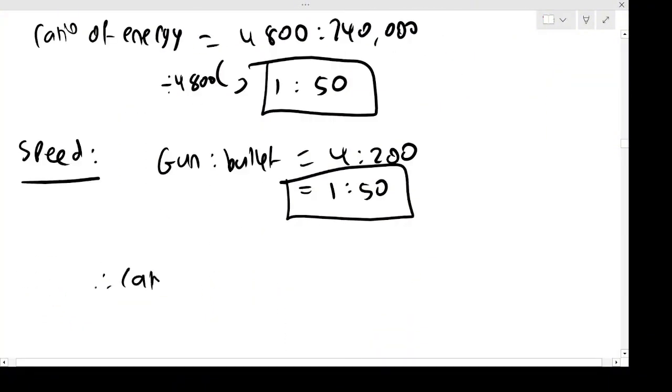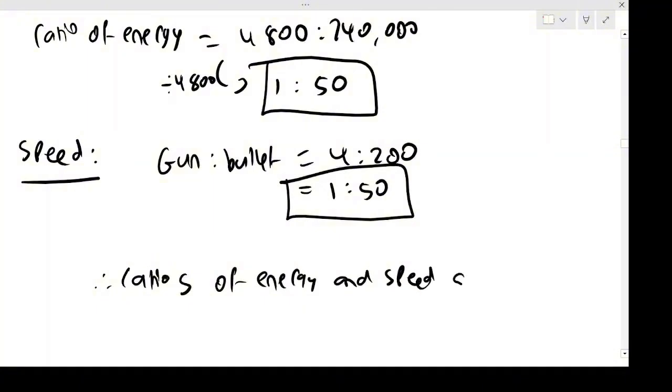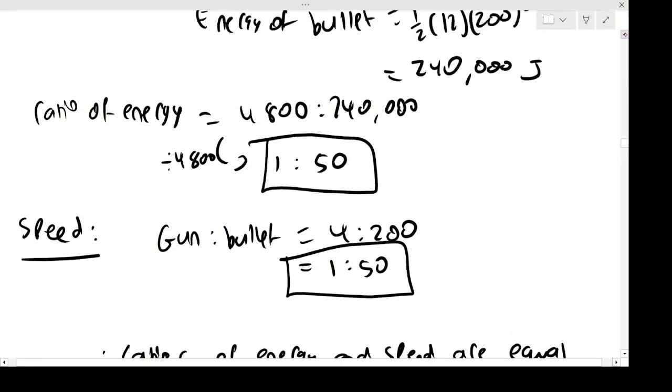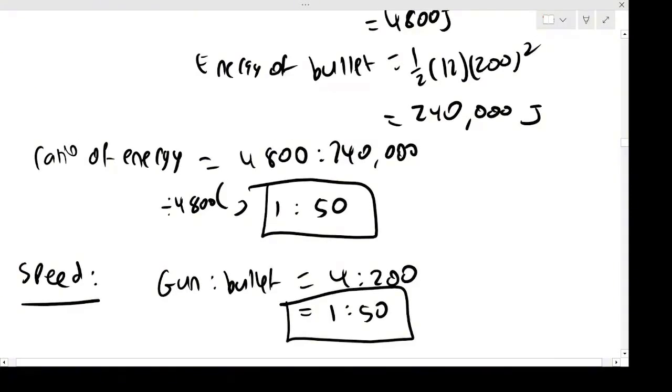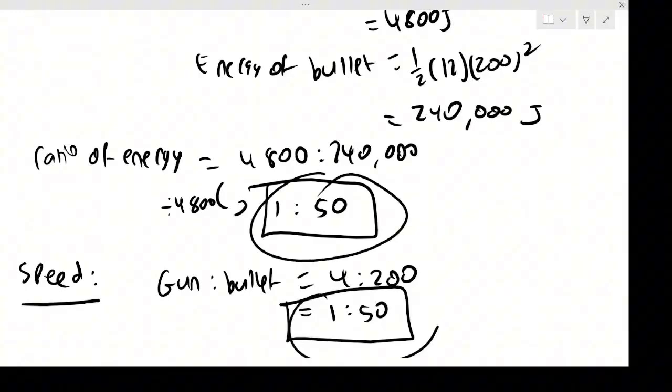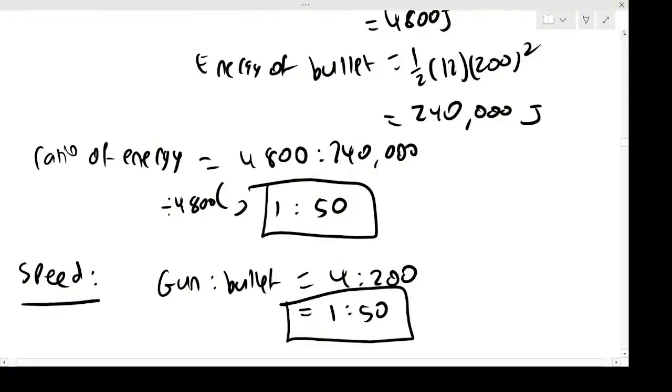So therefore the ratios of energy and speed are equal. Now that's quite significant because we discussed that usually the objects in a collision lose speed because they lose kinetic energy, and so they have to be linked. So we can see that the ratio of the speed to the energy gained or lost has to be the same. Okay, so there we are.